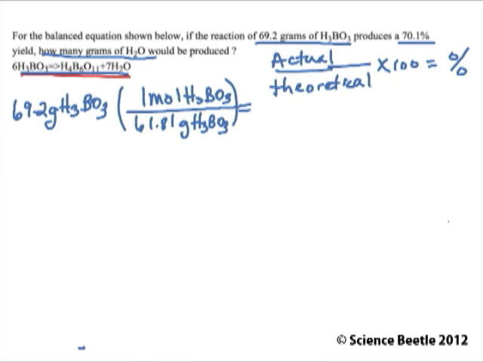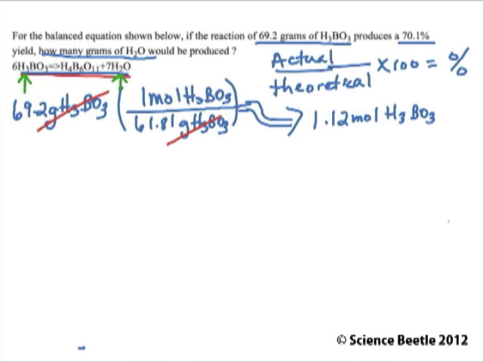And so when we do this, the grams are going to cancel, and what we're going to be left with is going to be moles. And in this case, if we carry this calculation out, the answer that we get is 1.12 moles of H3BO3.